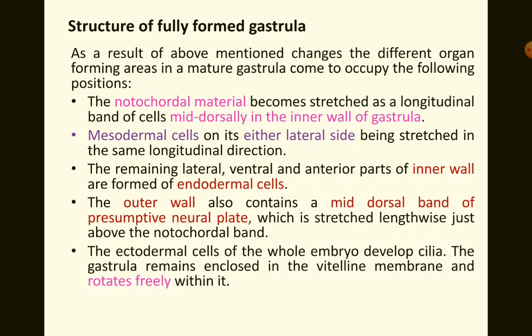The outer wall contains a mid-dorsal band of presumptive neural plate which is stretched lengthwise just above the notochordal band, and the ectodermal cells of the whole embryo develop cilia, and the gastrula remains enclosed in the vitelline membrane and rotates freely within it. So that's how the complete structure of the gastrula is formed in Amphioxus.